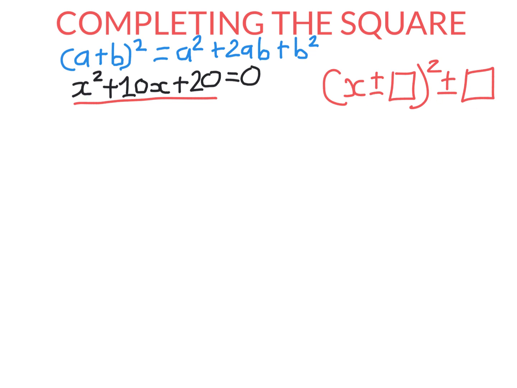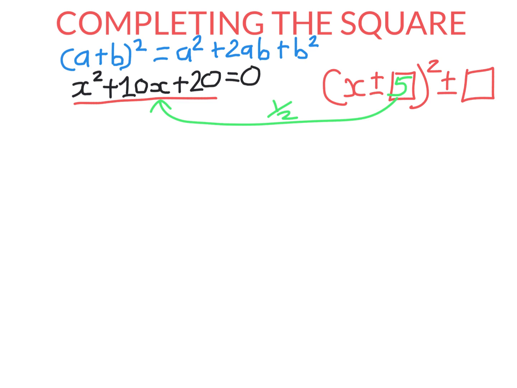So which number goes in each box? Well, it turns out I'm going to put a 5 in this box. Why did I pick 5 of all numbers? Well, it turns out 5 goes there because it is half of b. It's half of the coefficient of x. So why is it that this number has to be half of this one?